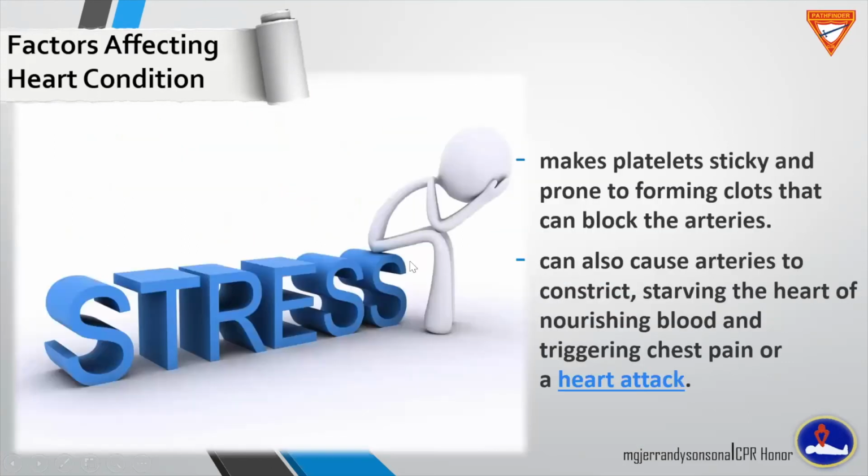Another factor that affects our heart condition is stress. Why? Stress makes our platelets sticky and prone to forming clots that can block the arteries. Now, to have a little background, platelets are one of the components of our blood. We have the red blood cells, the white blood cells, and the platelets.